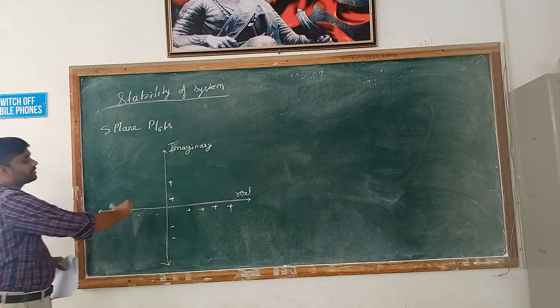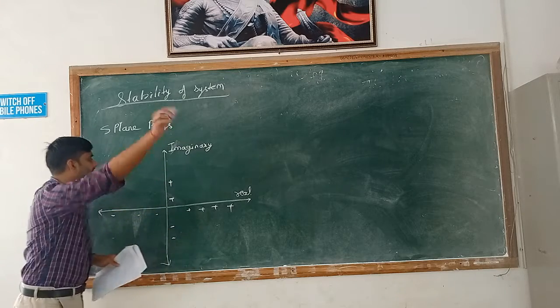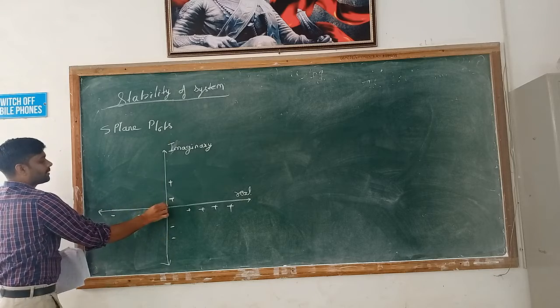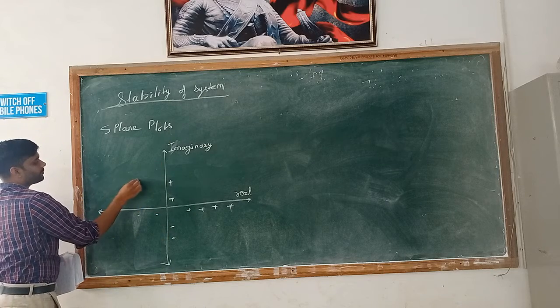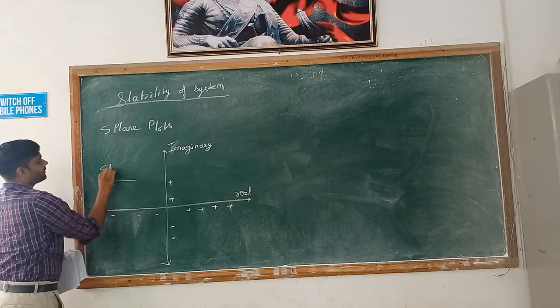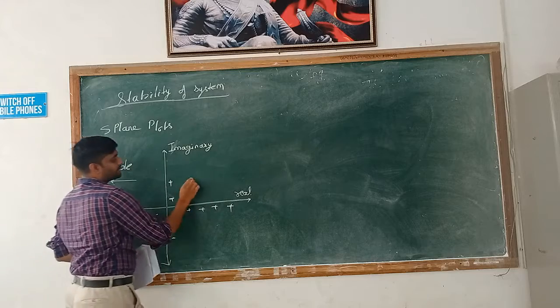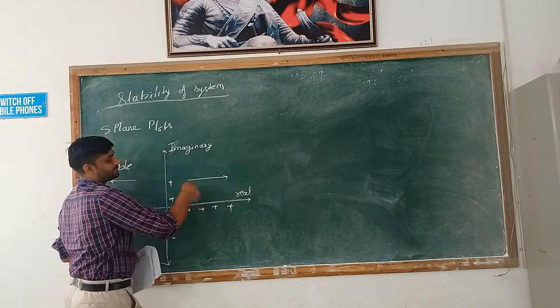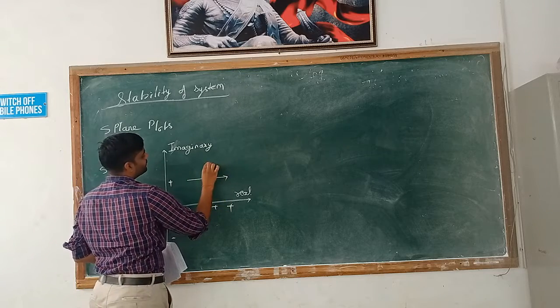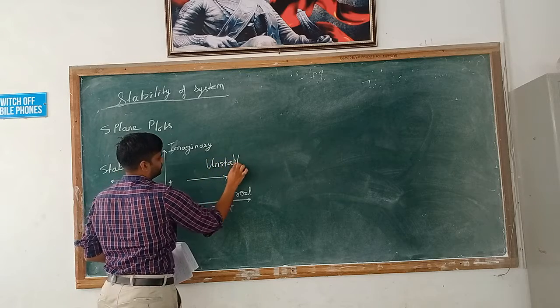Whether the value of the pole is positive or negative, we are going to comment on the stability of the system. On the left hand side of this graph plot, it is a stable system. If the value comes in the right hand region, then it is an unstable system.